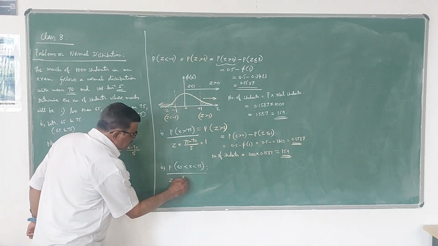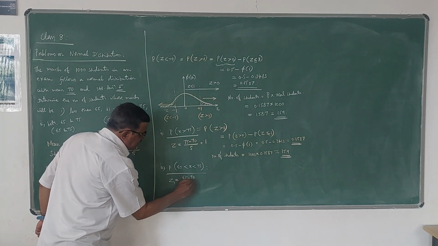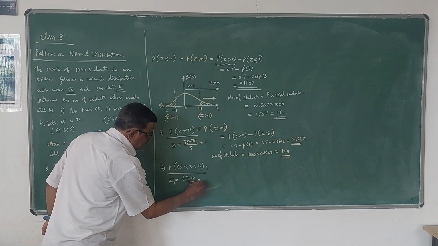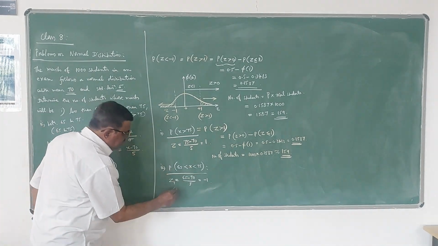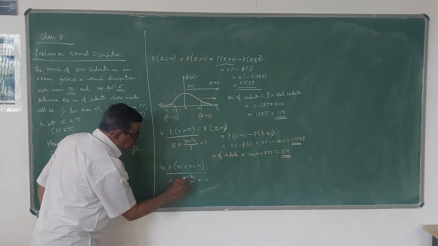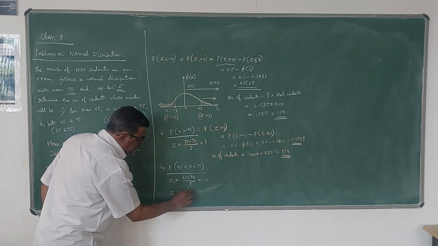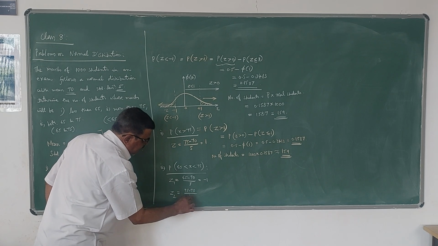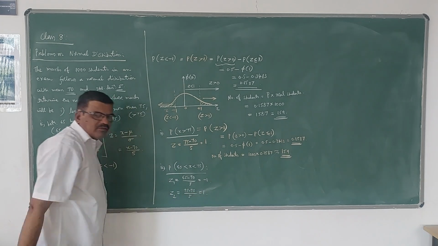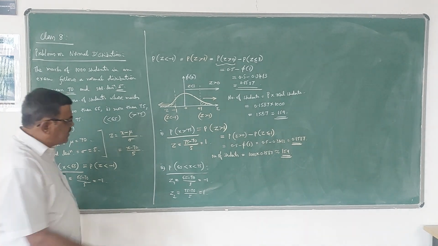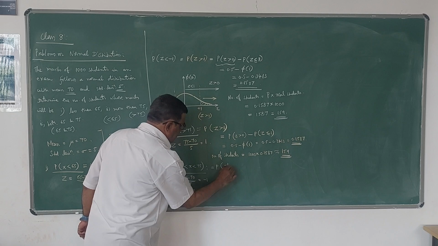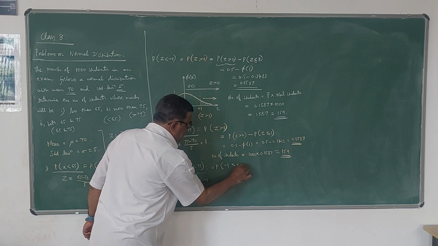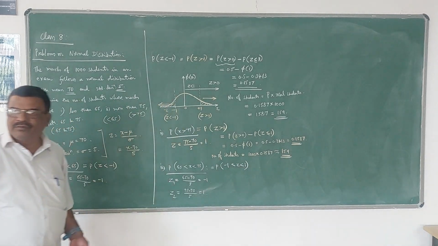Z1 is 65 minus 70 by 5, which is minus 1. When x is 75, I take it as z2. 75 minus 70 by 5, which is plus 1. That means this probability is the same as minus 1 less than z less than plus 1.